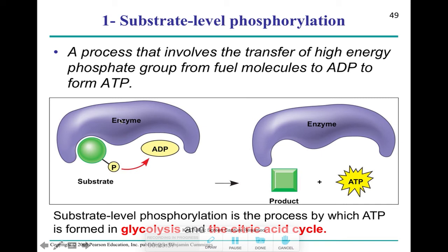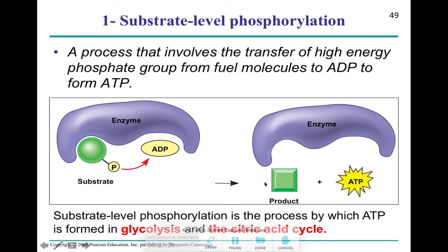Because the active sites are complementary in shape to these molecules, the enzyme will trap both, then bring them close together so that the phosphate will be added to ADP. That is how ATP is formed, and once formed, the enzyme changes shape and they fall off.